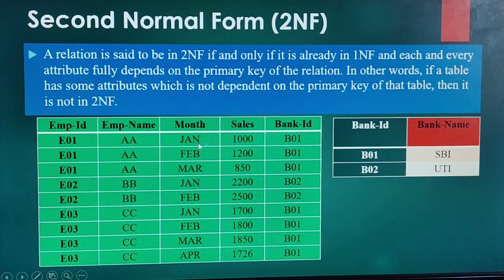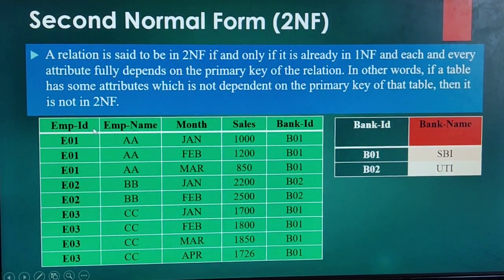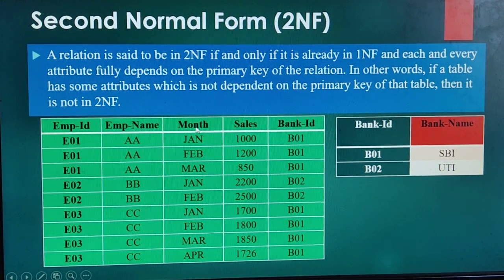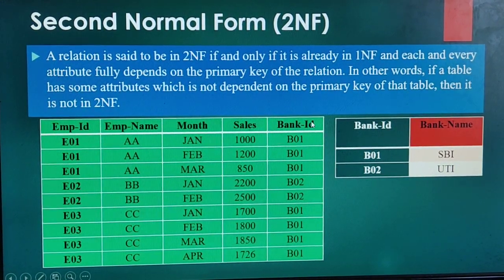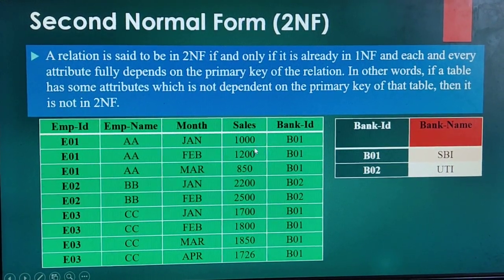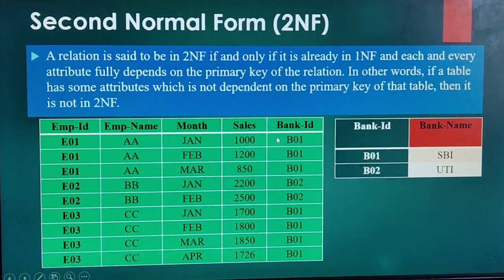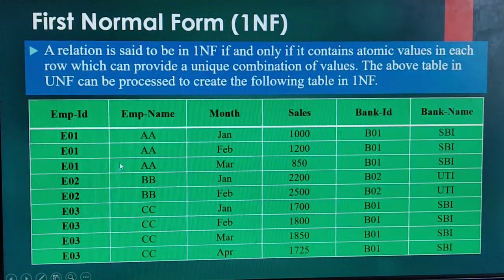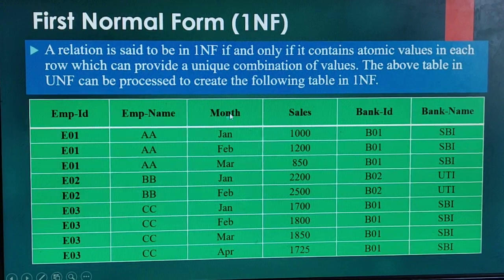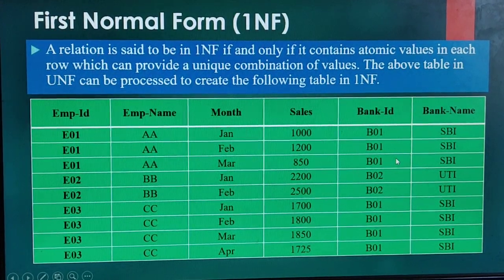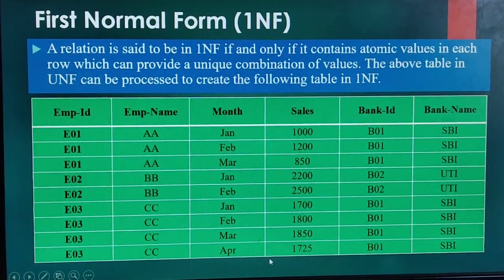Take this example: employee ID, employee name, month, sales, and bank ID. In previous slides we saw that first NF is about atomic values. Each and every cell must have atomic values.